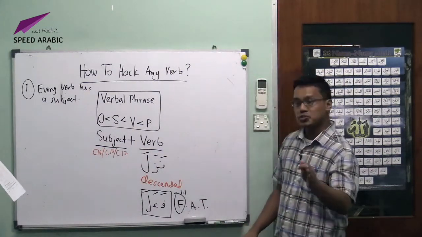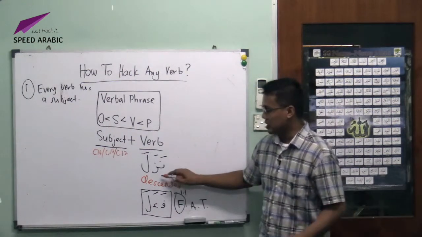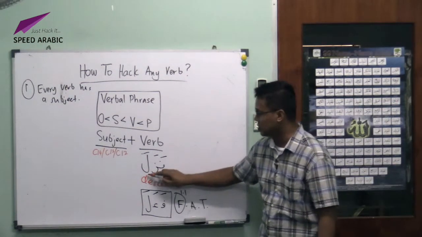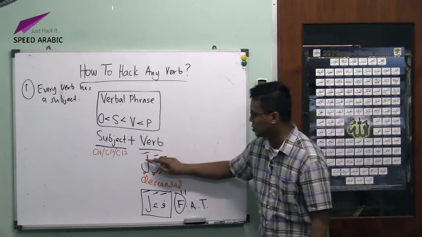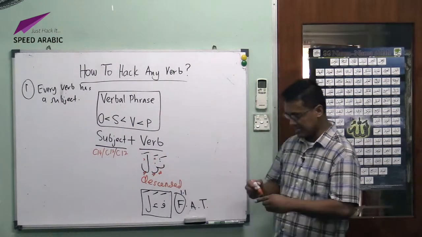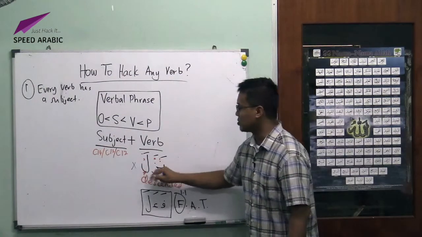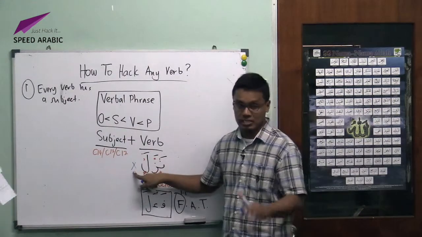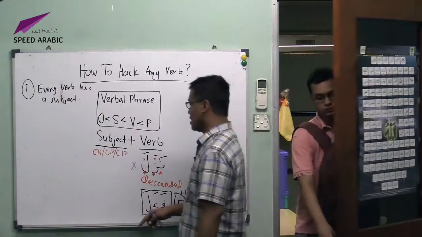Okay, at column 12, you can see something like stars, right? Those are the roots. So this is root 1, this is root 2, this is root 3. Is there any suffix after the root 3? No. When there's no suffix after the root 3, there's only one row in the past tense column.